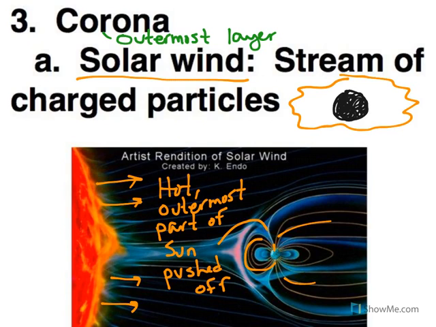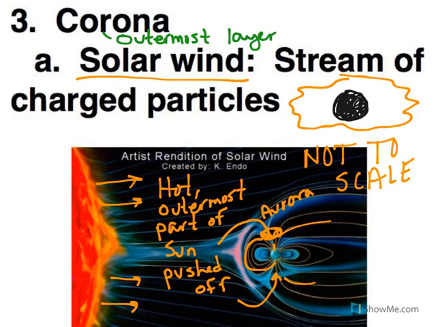And if those charged particles get funneled down to the poles, that's when we get aurora. And so if there's a sudden burst, then you get more charged particles and you get stronger aurora, and you get a really nice light show. Can't emphasize enough this picture is not to scale. The Earth is most definitely not that close to the Sun.